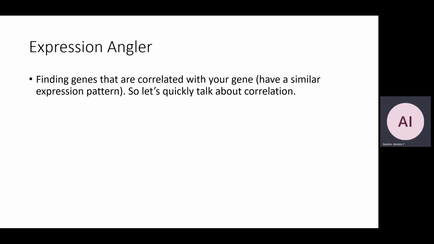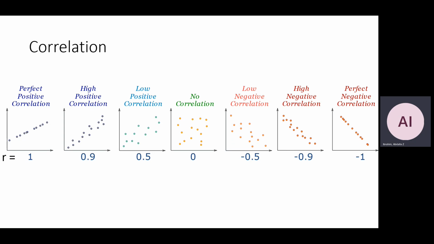So let's talk about correlation and what that means. Two variables are said to be correlated if there's a specific pattern, if they change in the same way. These two variables go together and have an R value, or correlation coefficient, of 1, so they're perfectly correlated.